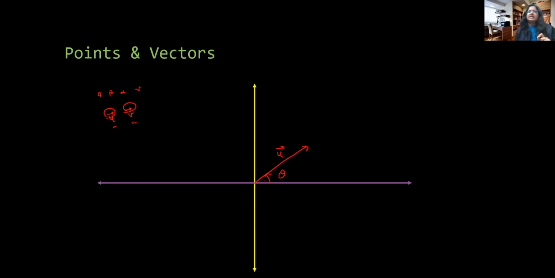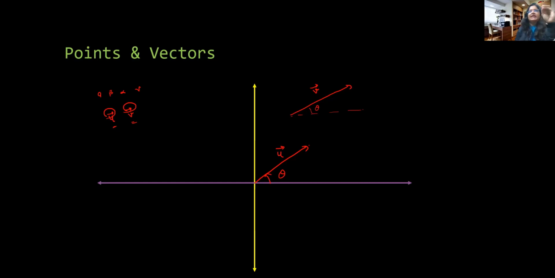Now in physics, if we move this vector anywhere else in this two-dimensional space, and keep the angle theta the same and the length also the same, I can say that these two are the same vector. I can give it a separate name or the same name, because if it has the same magnitude and same direction, these two are the same thing. This kind of stuff physics students do, right?